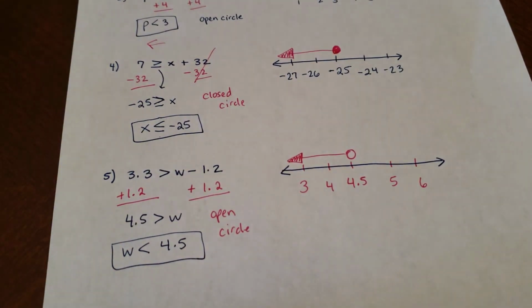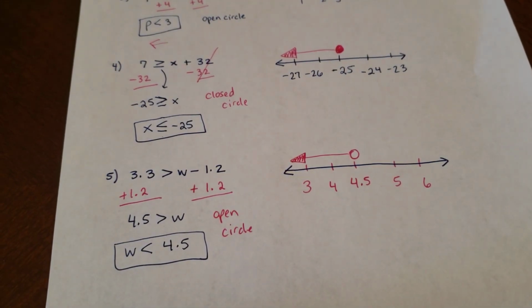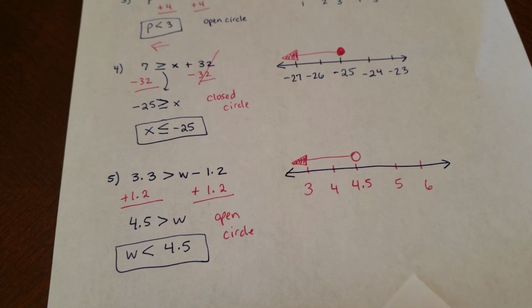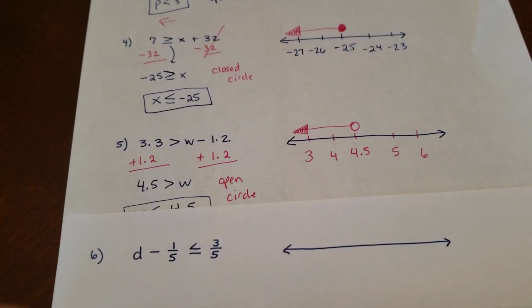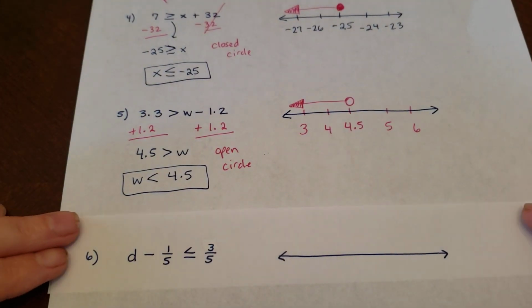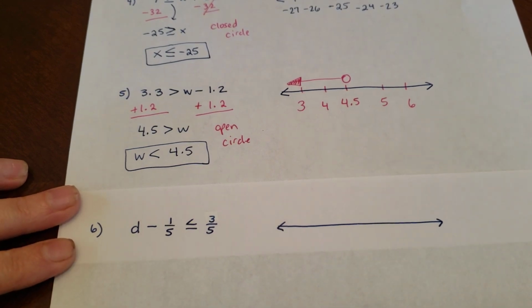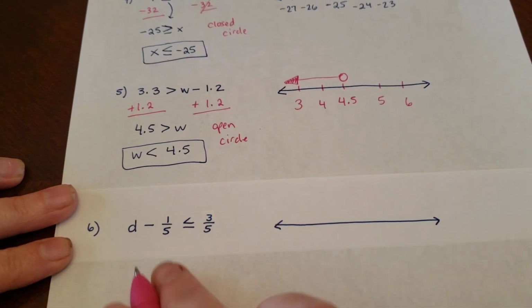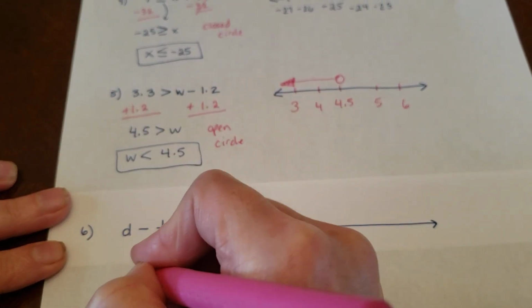All right, our last one is going to have fractions in it, since sometimes we do have to deal with fractions. Okay, so our last problem, squeeze this in. Number 6, d minus 1/5 less than or equal to 3/5. So again, starting on the side that has the variable, so this d on the left, so we're going to add 1/5 to both sides.